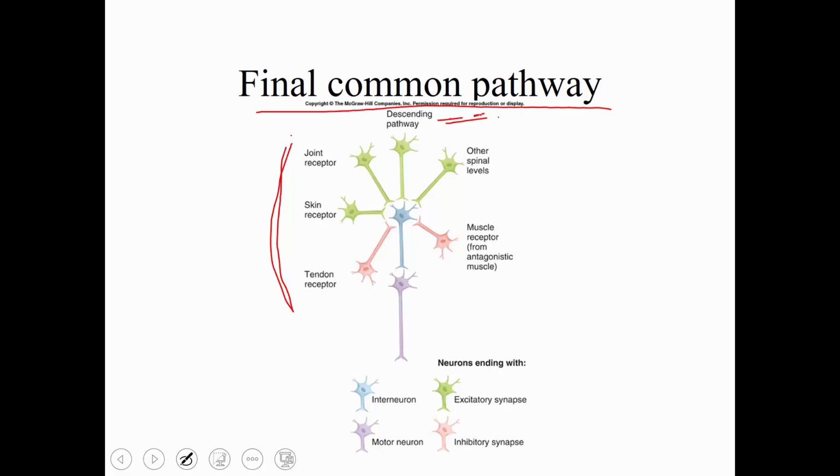You see information from the cortex, other levels of the spinal cord, from other muscles. All of those are converging on a common pathway. So this is very much a converging type of neuronal pool.